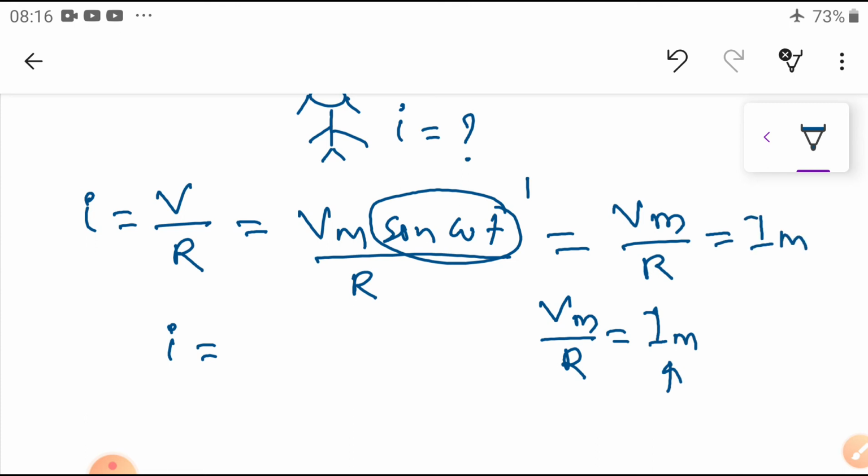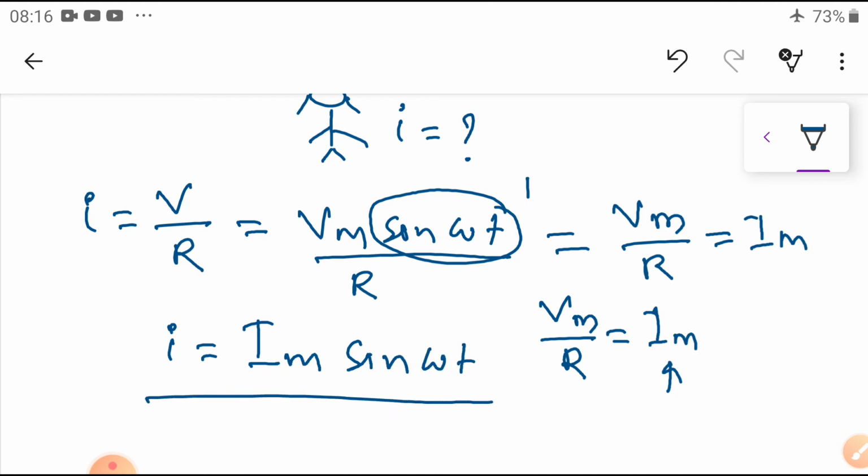So that value I can write here: Im sin omega t. This is the father and mother behavior. This is the father, and at this condition the mother. Now what we have seen here is that father and mother are in phase with each other.